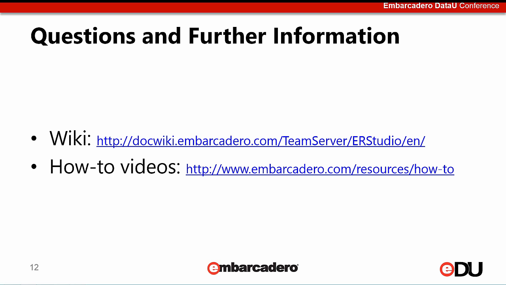Sometimes you can export something and import something manually. I know the Meta facility can do some integration to some other modeling tools, right? I'm not sure about Team Server integration in that respect.